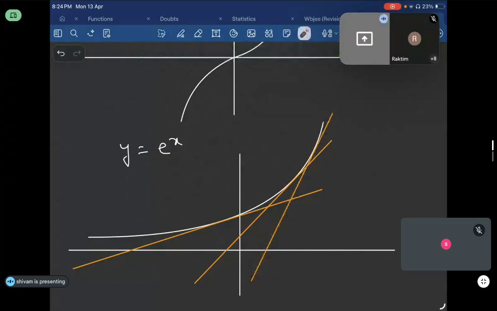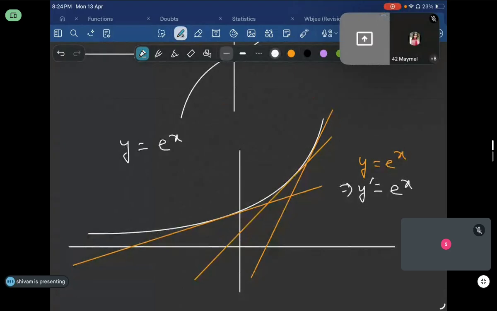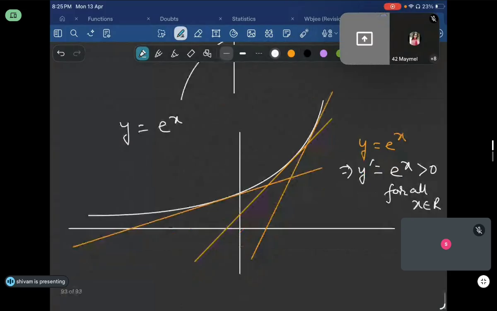Acute or obtuse? Acute. So dy by dx is always greater than 0. If y is equal to e to the power x, then y dash is equal to e to the power x only. It is always greater than 0 for all x belonging to real. Hence, you can say e to the power x is one-one.